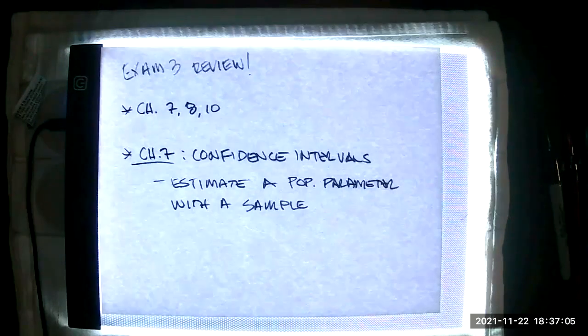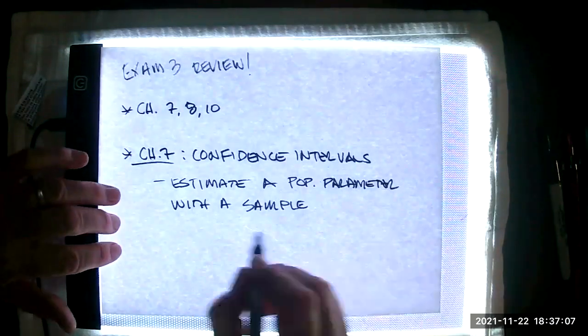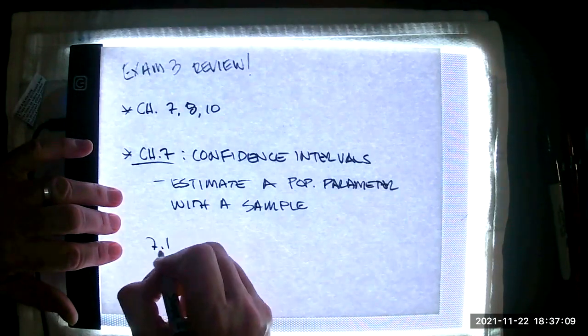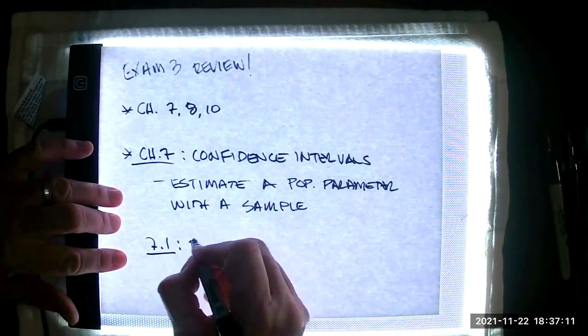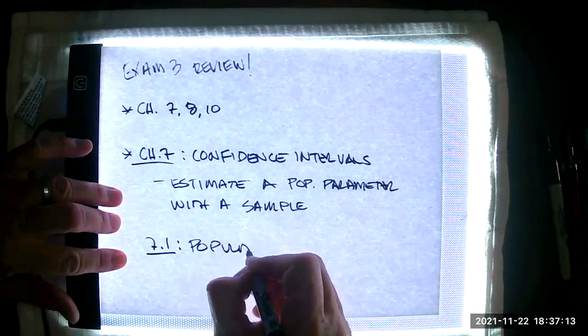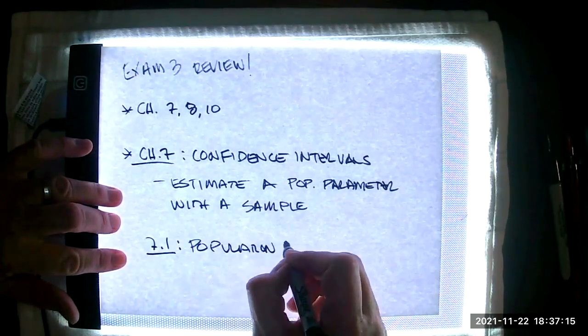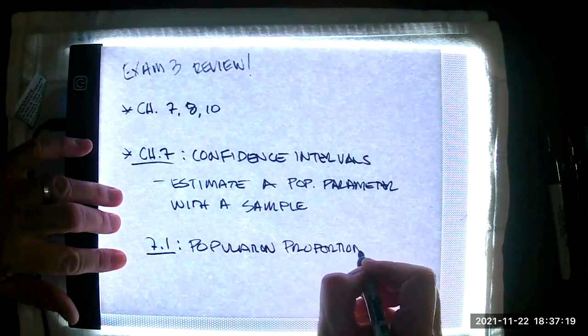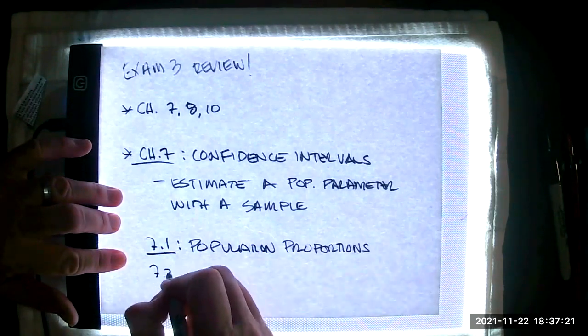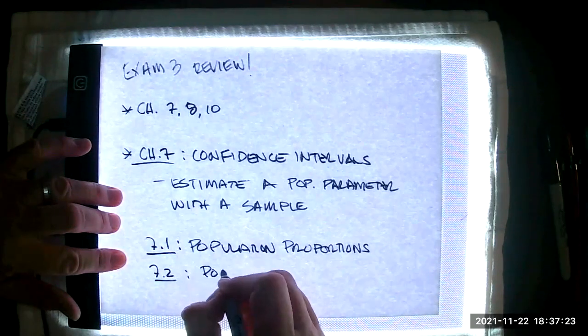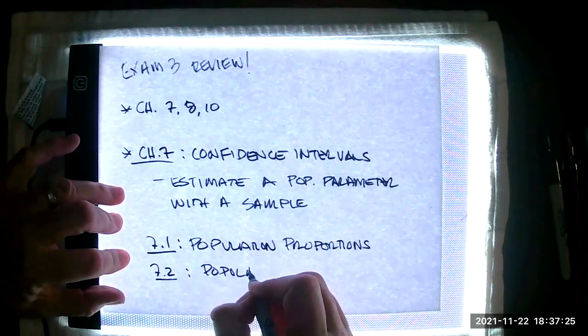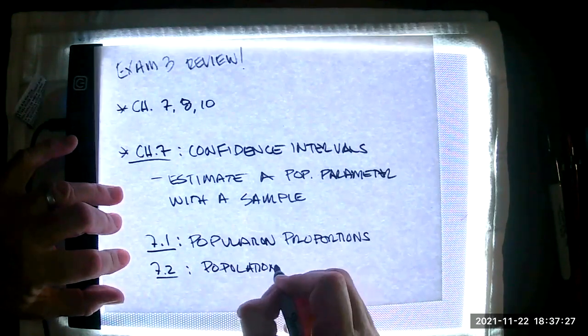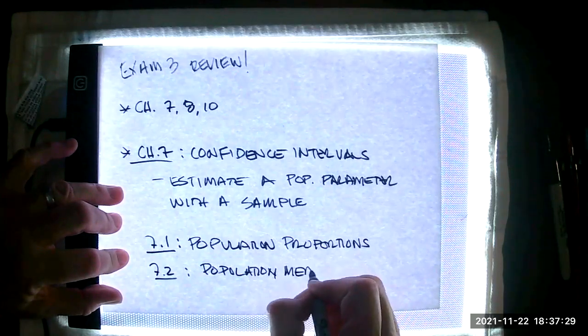We look at 2 specifically different cases. 7.1, we work with population proportions. And in 7.2, we work with population means.